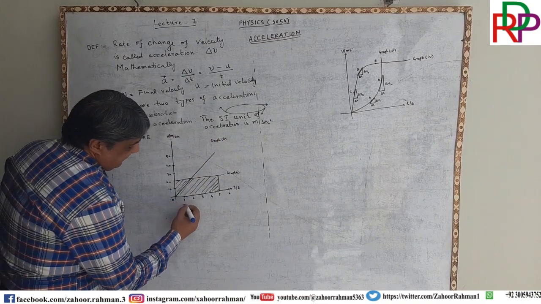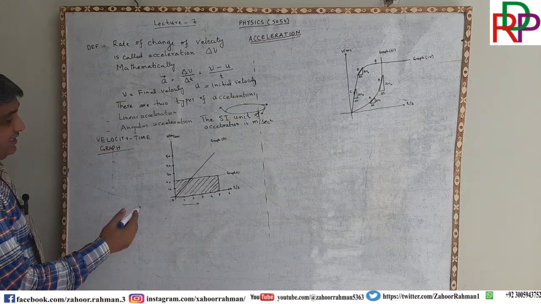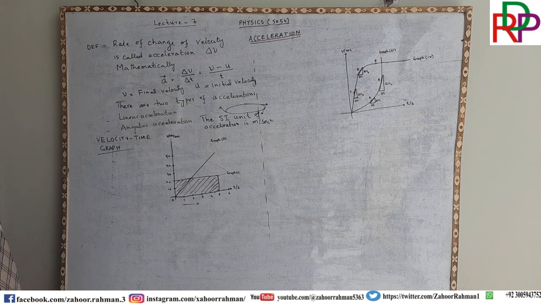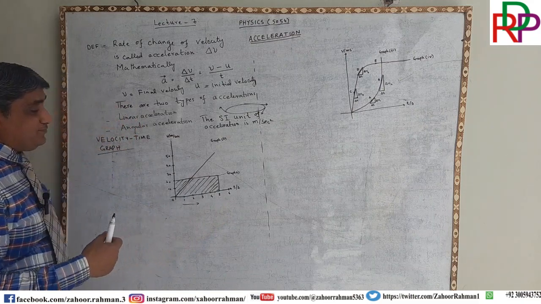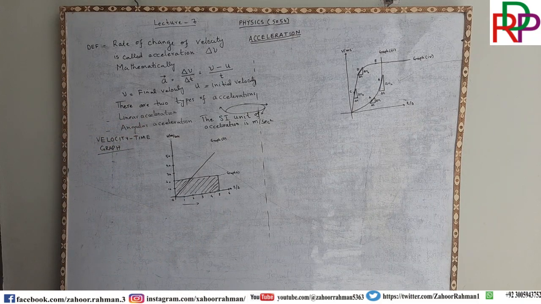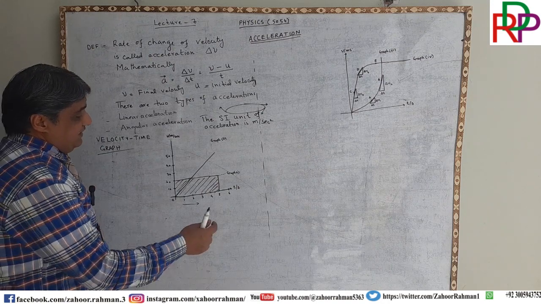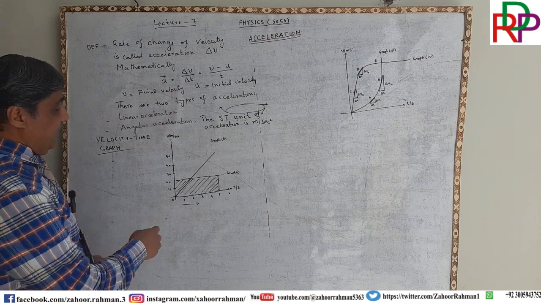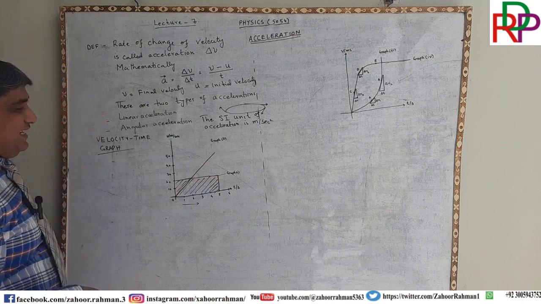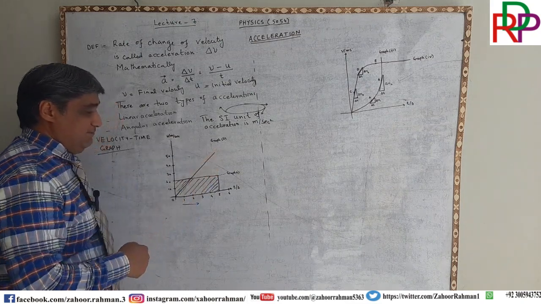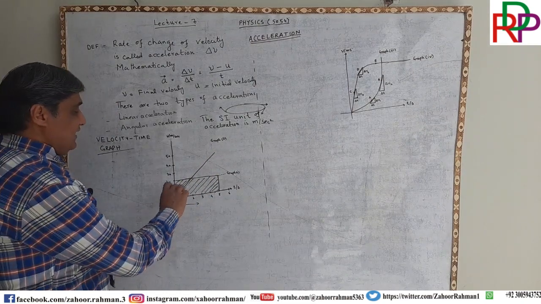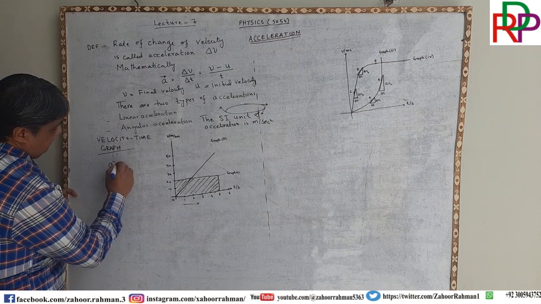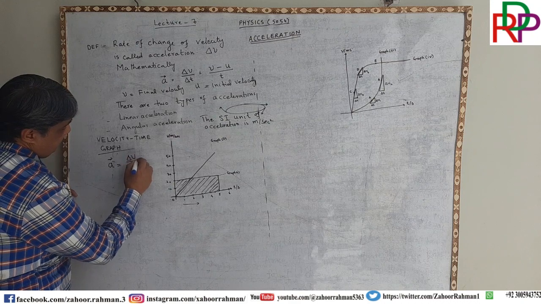You can see that the time is elapsing, but there is no change in the velocity. 20 meter per second is the velocity, and because all these values are positive, it means that it is moving in one direction. So we can see that there is a constant velocity, and in the second graph, that is known as uniform acceleration. Remember, as we discussed, acceleration is equal to delta v divided by t.